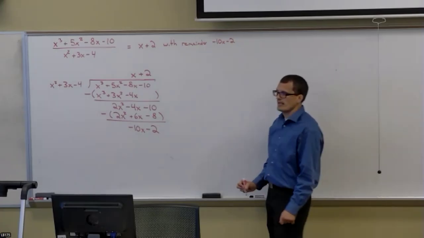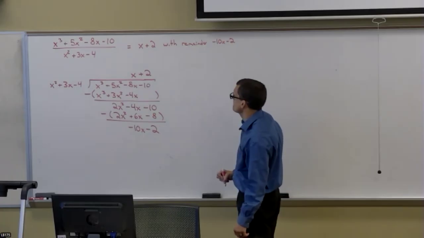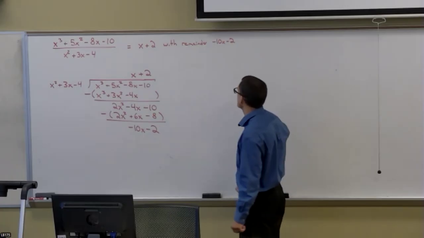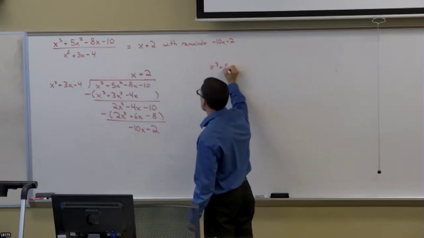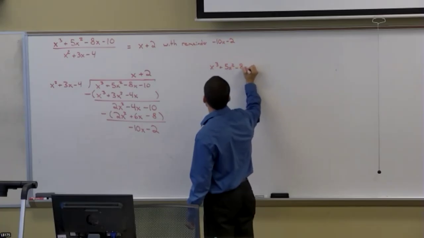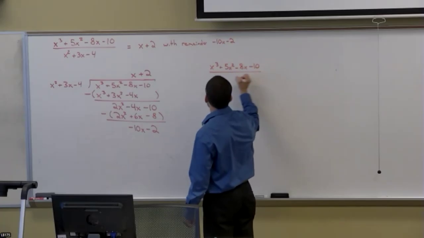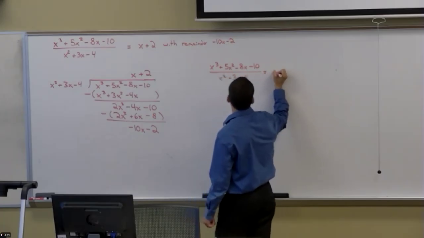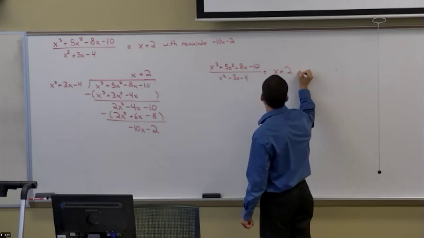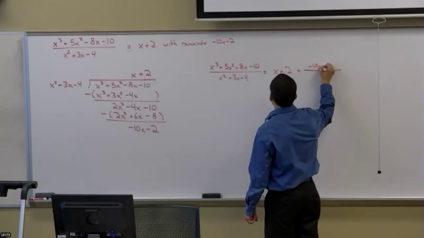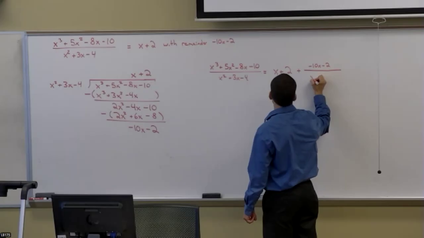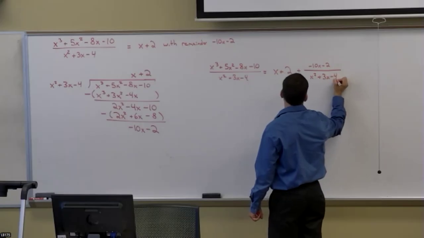If you wanted to be really fancy about that, I didn't leave myself enough room, but that's okay. You could have also written this as x plus 2 plus a negative 10x minus 2 over my divisor of x squared plus 3x minus 4.